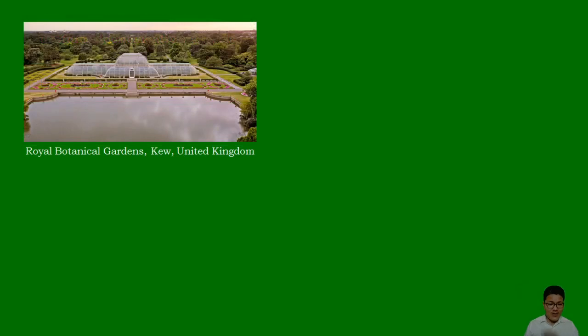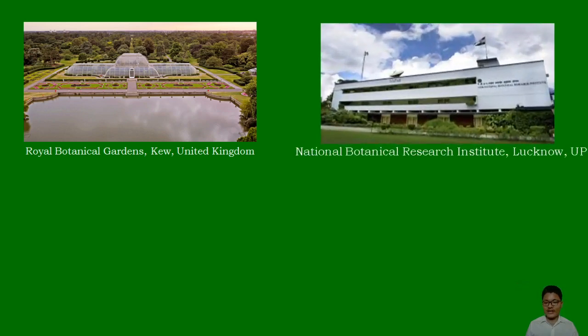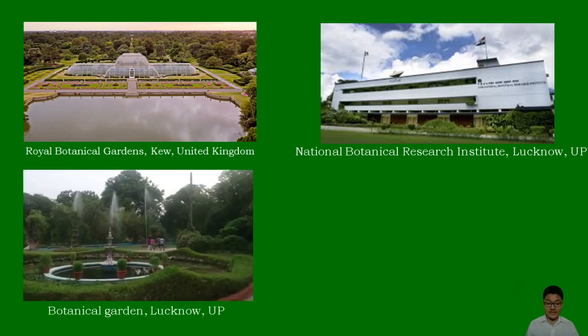Now, this picture is of the Royal Botanical Garden, which is there in Kew in England. We have the National Botanical Research Institute in Lucknow, UP. It also has a botanical garden.